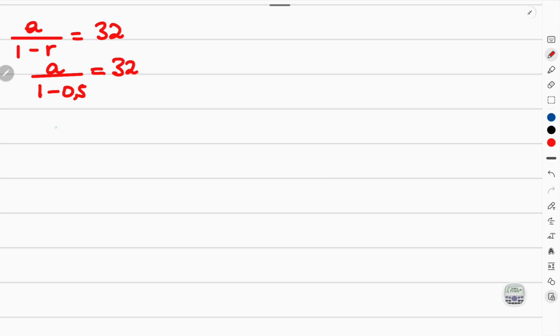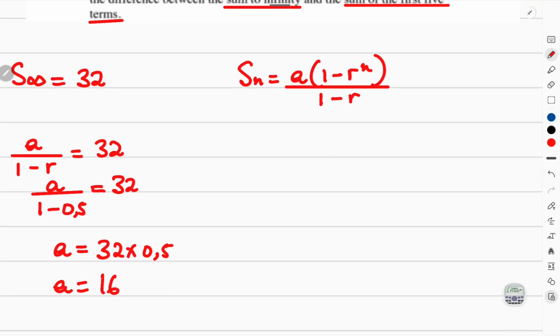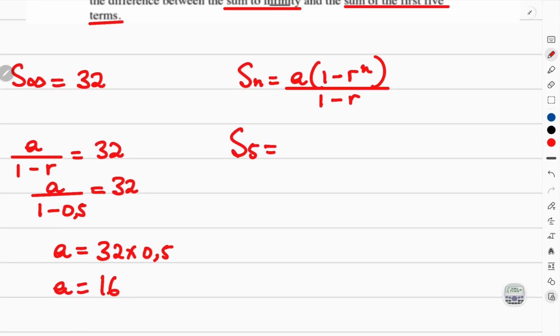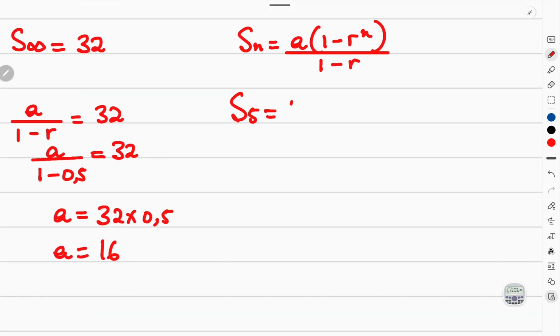So we'll need to cross multiply half. 32 times half, which is 0.5. This is the same as a being 16. So we can go back here and calculate the sum of the first five terms, where there's a, we replace by 16.